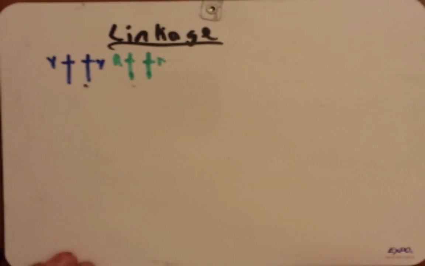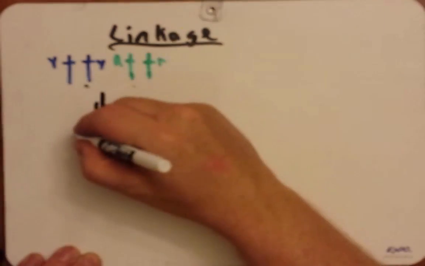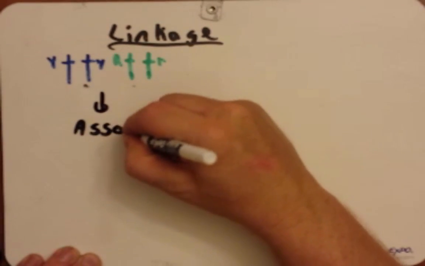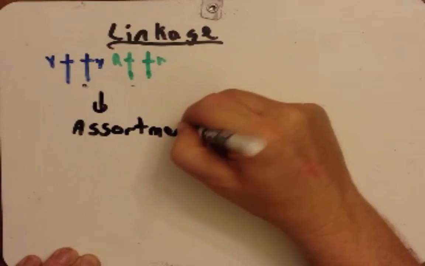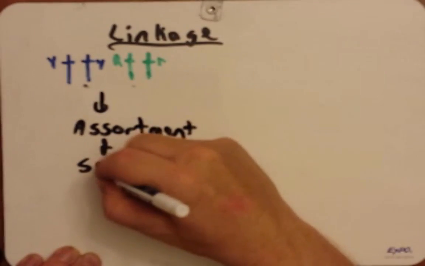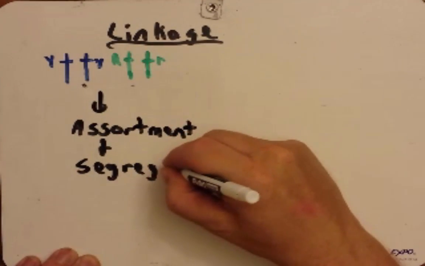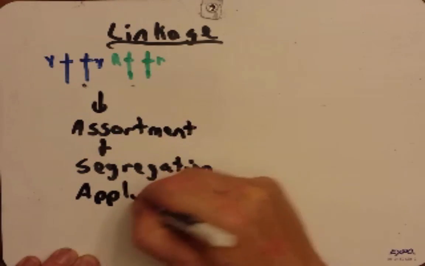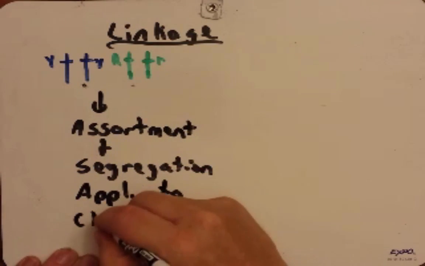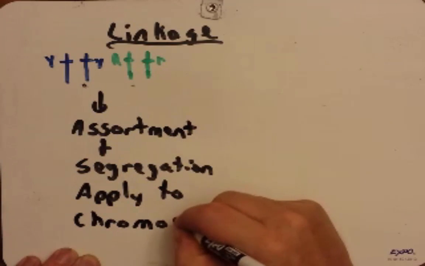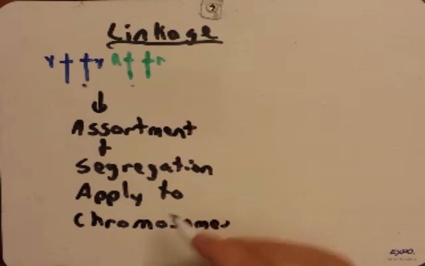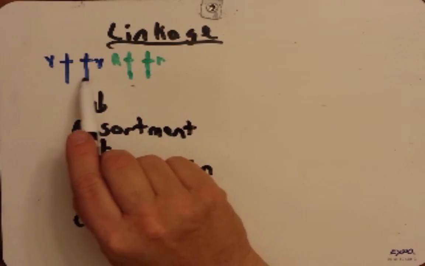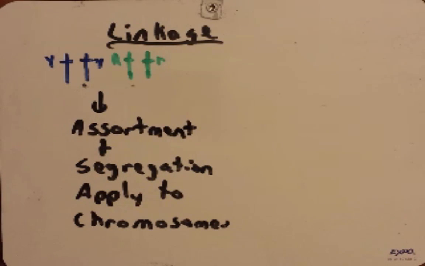Now, the rules of assortment and segregation apply to chromosomes. So these two chromosomes segregate to separate gametes.